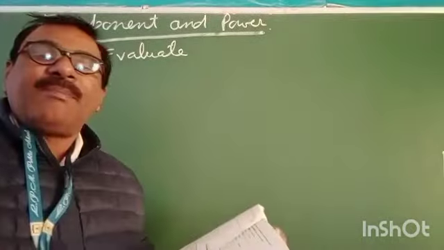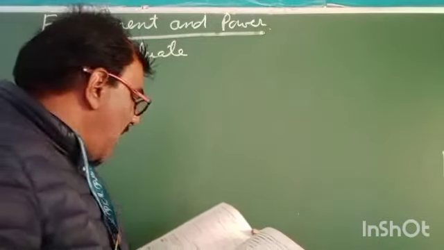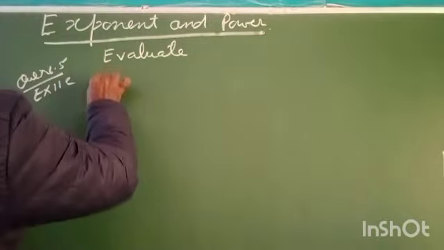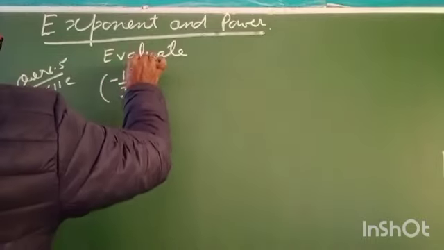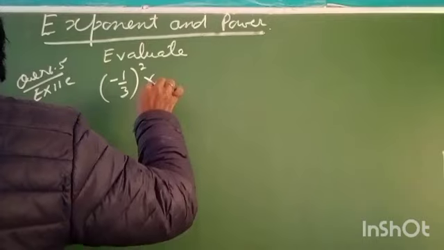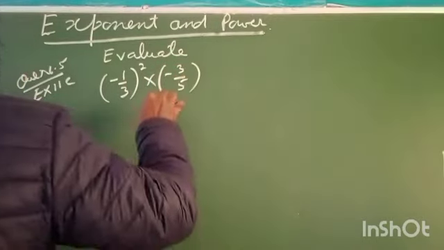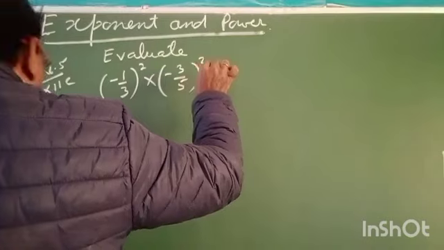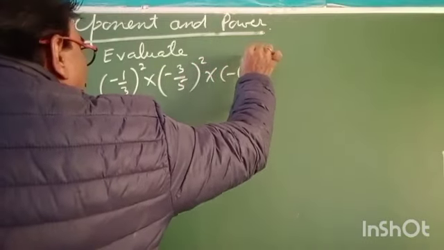The question is: evaluate the following: (minus 1 upon 3) whole square multiply (minus 3 upon 5) whole square multiply (minus 1) whole square.